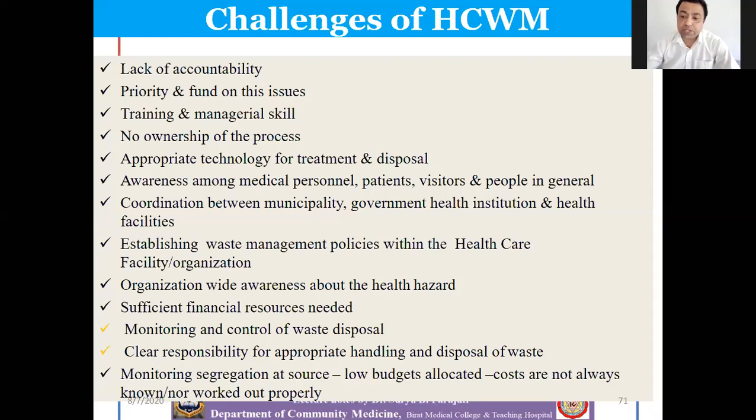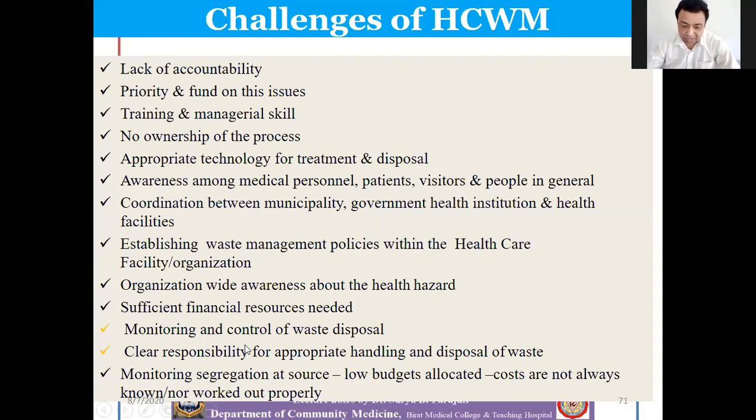Lack of coordination between municipality, government, health institutions, and health facilities. There are no established healthcare waste management policies within the municipality or even between two tertiary hospitals. And evaluation and monitoring is another challenge. I think this is all about the challenges of healthcare waste.